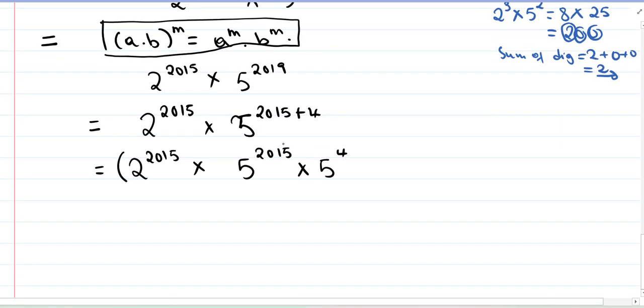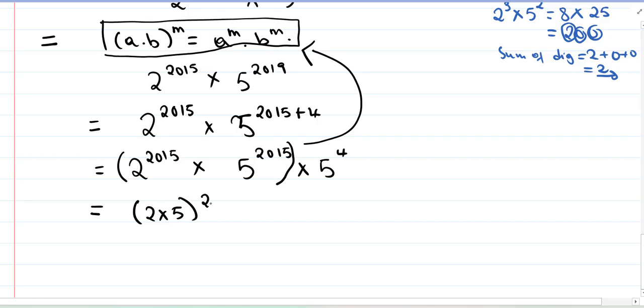Now these two right here, according to the laws of exponents, what do they say? Whenever I have a to the power of a particular exponent and b to the power of the same exponent, I can put them under one bracket and raise them to that exponent, meaning this is 2 multiplied by 5, to the power of 2015, again multiplied by 5 to the power of 4.